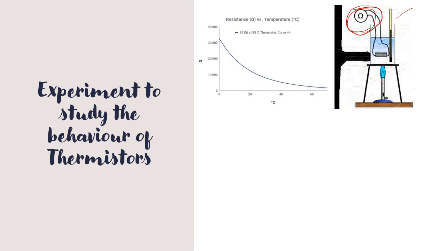So this will be how the graph looks like. Ignore the numbers or the scale along the x-axis and y-axis. What is important is the shape of the graph. Now, what does the shape of the graph tell you? Initially, when the temperature increases, the resistance decreases by a large factor.